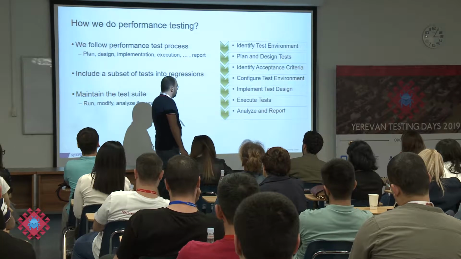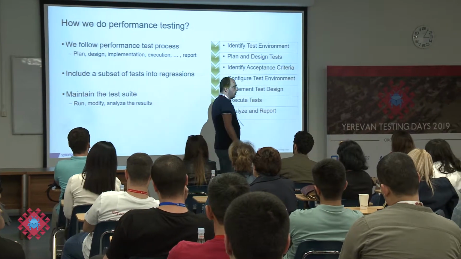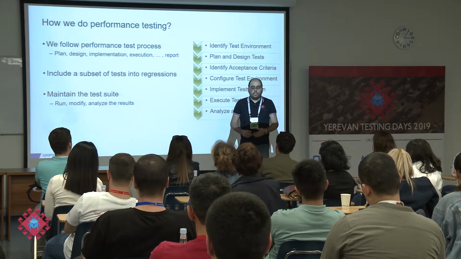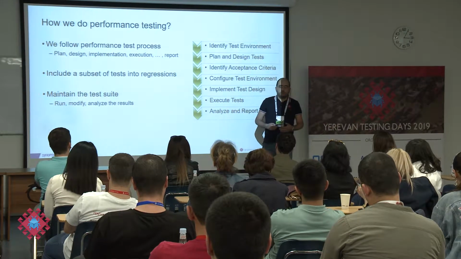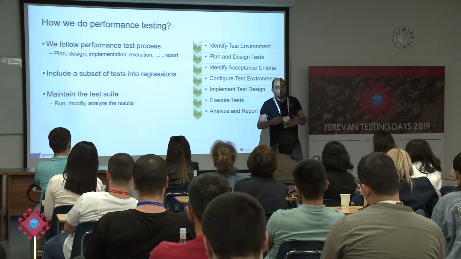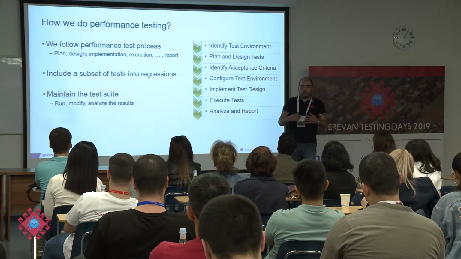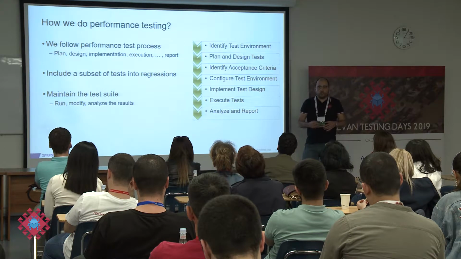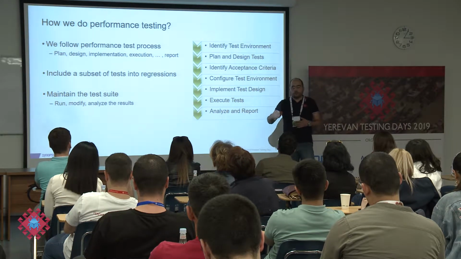So what next? When we do this process properly, the next step is choosing some subset of our tests and putting them in regression to have control over the versions.